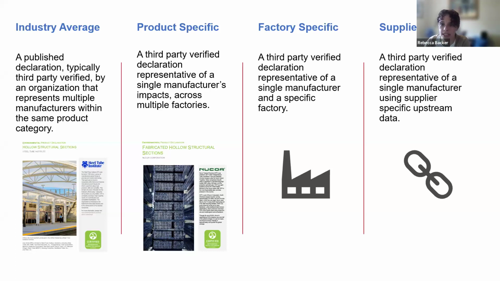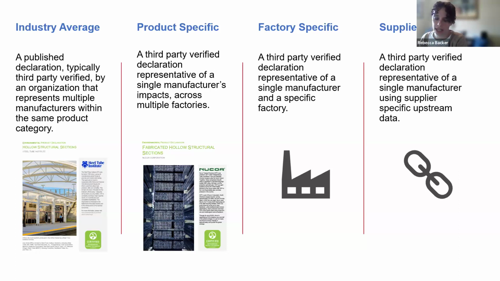And for the most part, these have all also undergone third-party verification, whether internal or external. When those 2 boxes are checked, ISO 14025 and third-party verification, that's when your EPD becomes what is referred to as a Type 3 eco-label. That is a term that you may have seen under LEED or other similar green building standards where they are looking for a Type 3 eco-label. That is, again, an EPD that has met 14025 and has passed third-party verification.